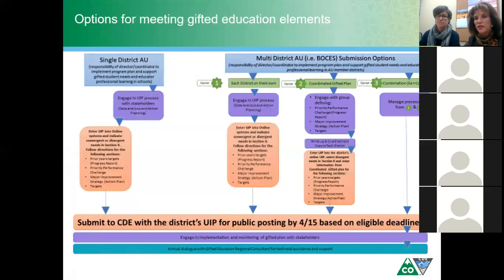Then I have 4 that say we'd really like to get together and do a coordinated plan, do our data analysis, come up with our common performance challenge, and support each other in our action plan. That's called the combination. Again, when that is created, they would cut and paste those elements into their district's UIP. We're not changing any submission requirements, meaning the BOCES does not submit the UIP, right?